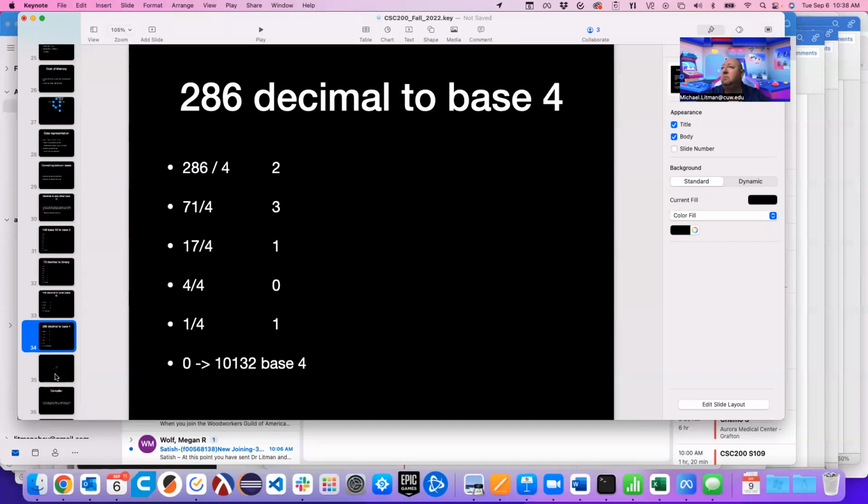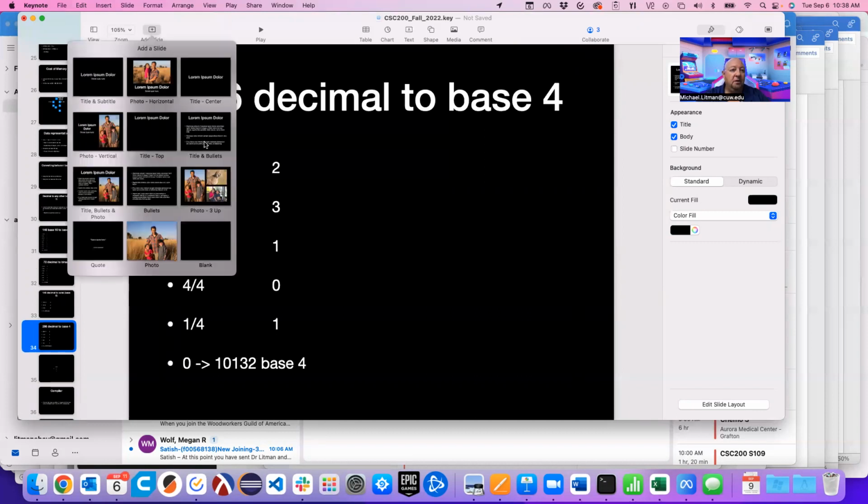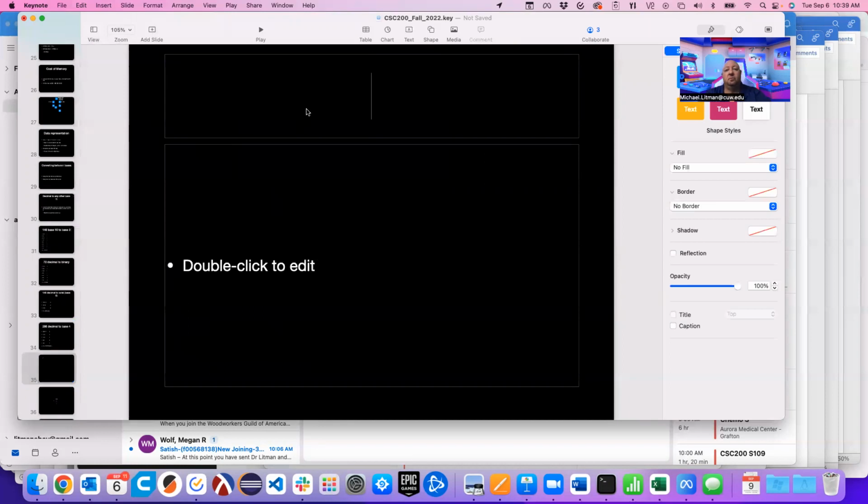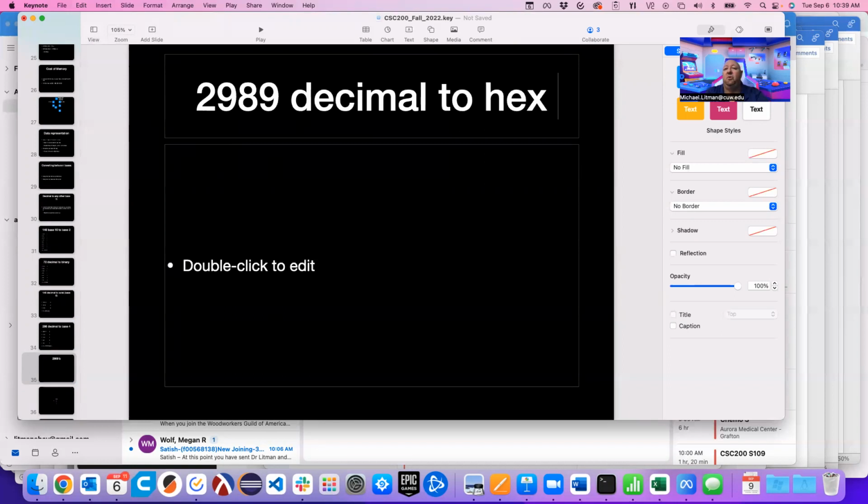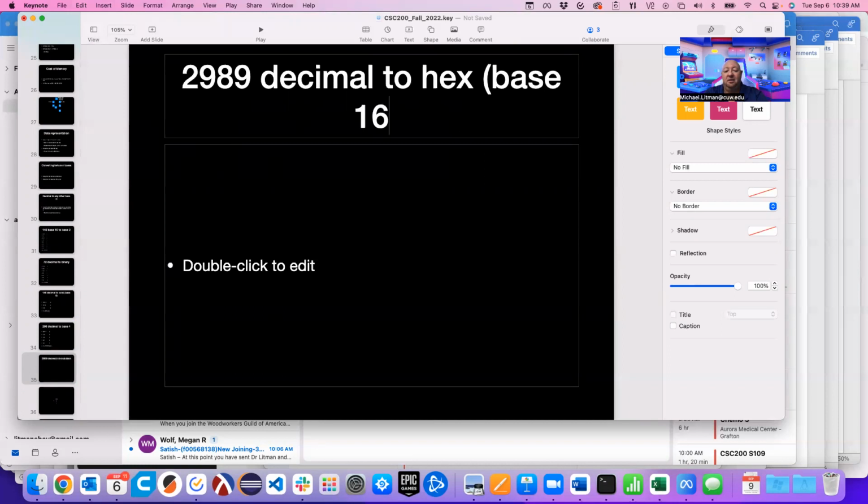All right. So now let's go 2989 decimal to hex. This is base 16. Hexadecimal.